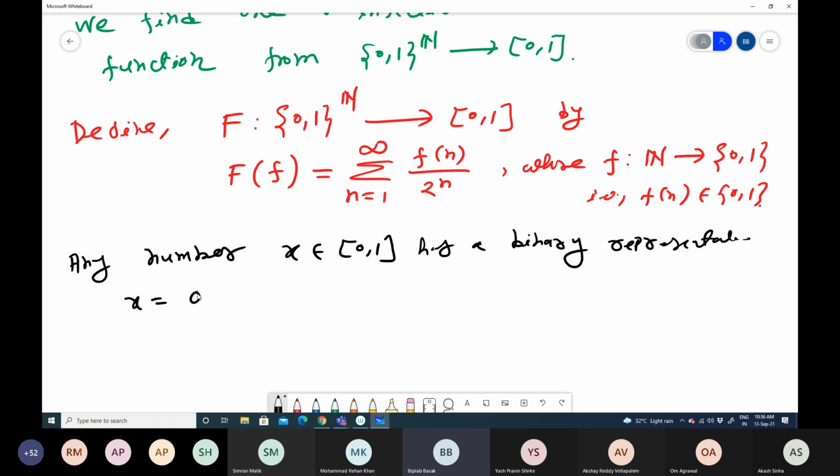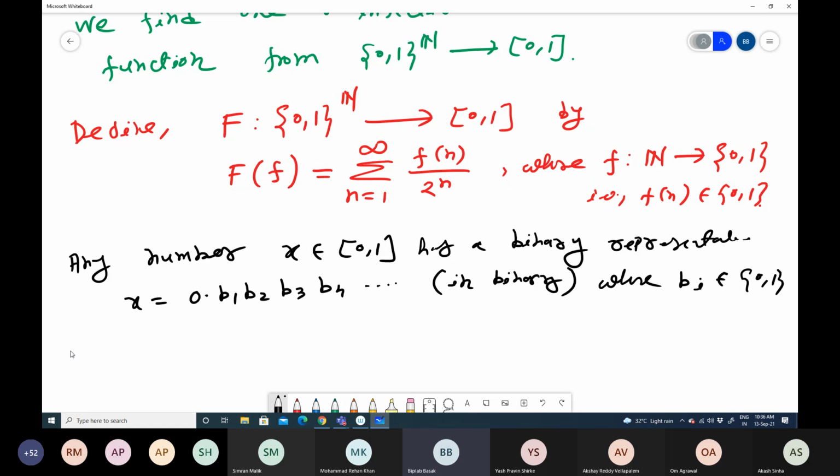So x equals 0 point b1, b2, b3, b4, and so on, in binary, where each bi belongs to {0,1}. What is the meaning of binary? It is the same as the summation n equal to 1 to infinity of bn by 2 to the power n in decimal.